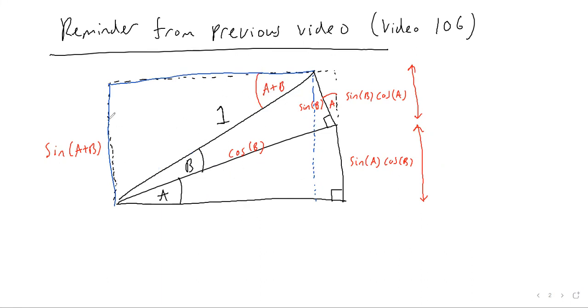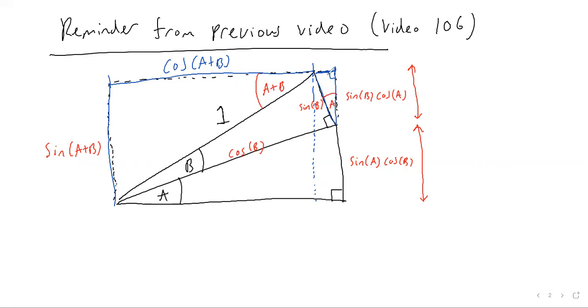Given that this hypotenuse is 1, which you'll remember from yesterday's video, this adjacent side is going to be cos A plus B. That's this length going from there to there. We can also work out this length, because we know this is a small right angle triangle with a hypotenuse of sine B, which we worked out yesterday.